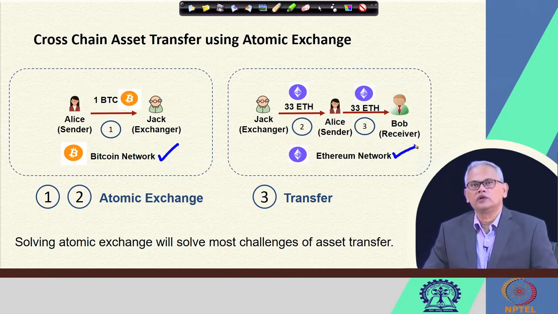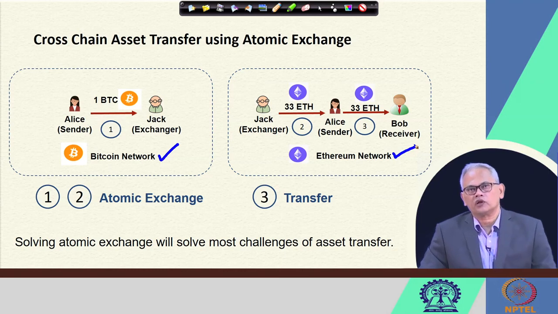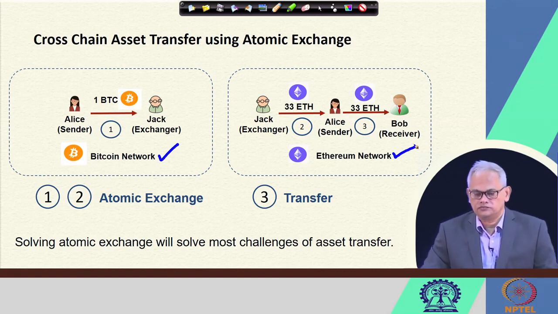And on the Ethereum network, on the other side, this Jack will be sending an equivalent amount, which is for example 33 ethers from his account to Alice.